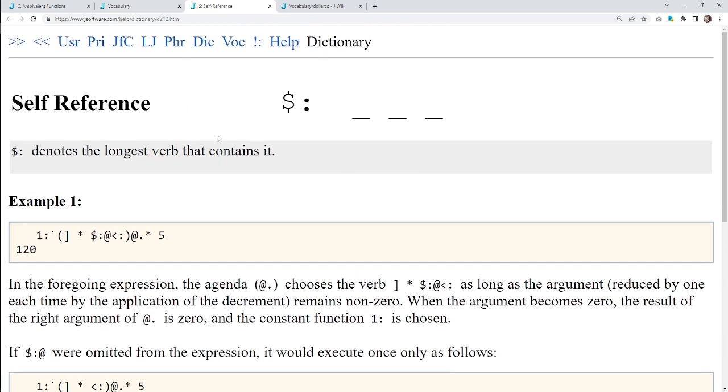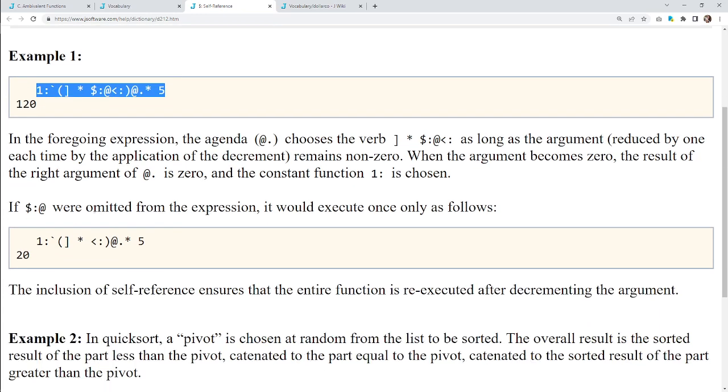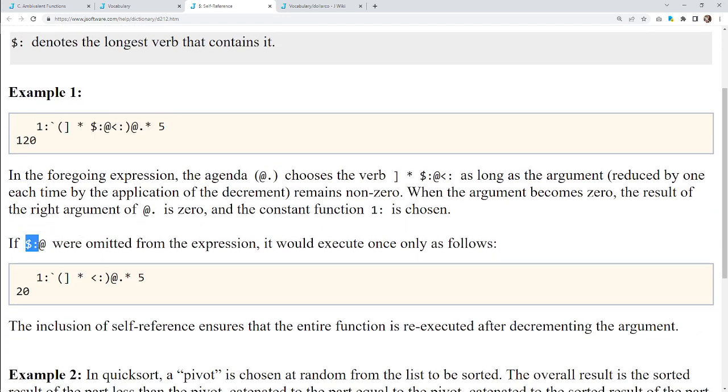So this is kind of like this self-reference. Okay, this is probably going to be important because this seems like maybe how we define recursive functions. So if self-reference at, so what is at?